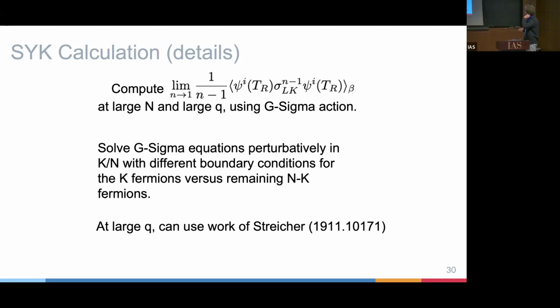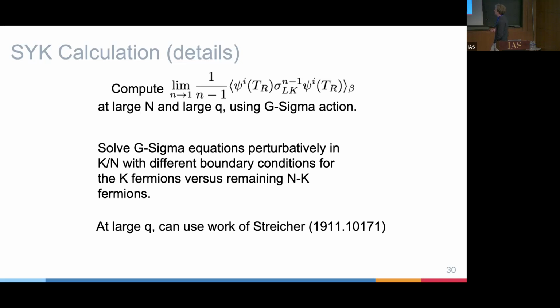Okay. And what we do is we solve the G sigma equations perturbatively in K over N, and this amounts to solving them with some funny boundary conditions for the K fermions versus the remaining N minus K fermions. And the answer you get is in terms of the OTOC, the out-of-time-order correlator, which is not a surprise.